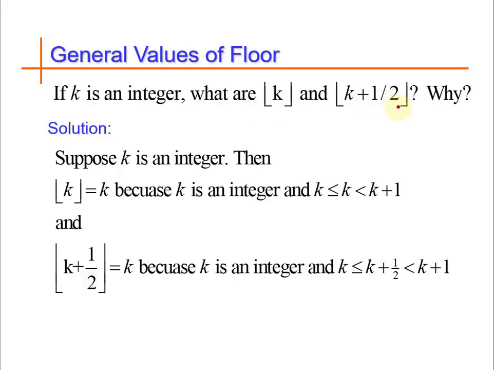And for k plus 1 over 2, we are adding 0.5 to that integer, whatever that integer might be. So k plus 0.5 lies between k and k plus 1. So the value of the floor function for k plus 0.5 will be k. So both have the same value k.